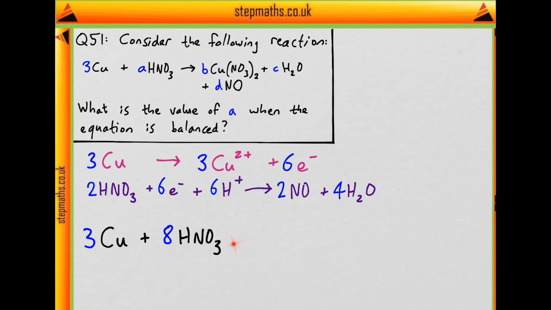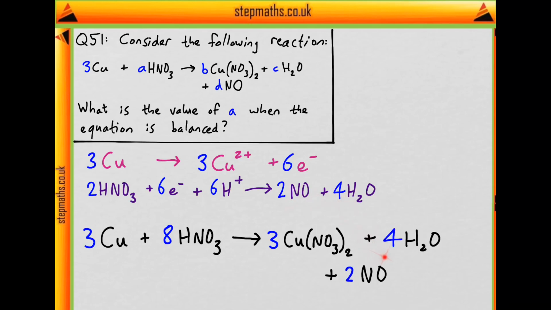And we're going on to form 3 copper 2+, but remember we've used nitrate to cancel out the H+, so we use nitrate again to cancel out the copper 2+, and this gives us our copper nitrate. What's next? We have 2 nitrogen monoxides and 4 waters. And this looks like a complete reaction, so we can read off 8 is A. And this corresponds to answer C.